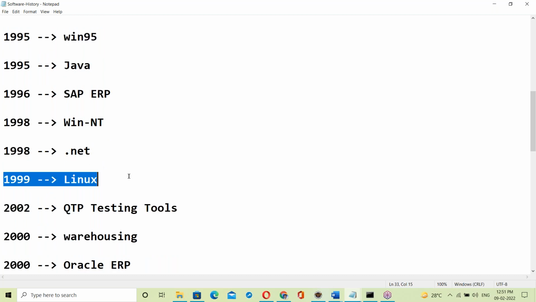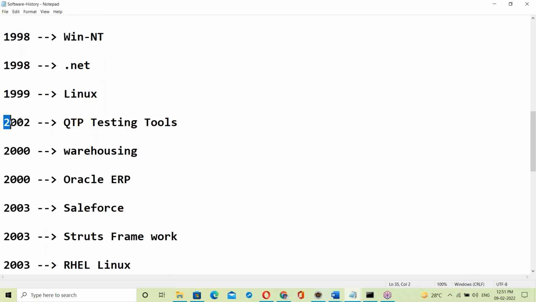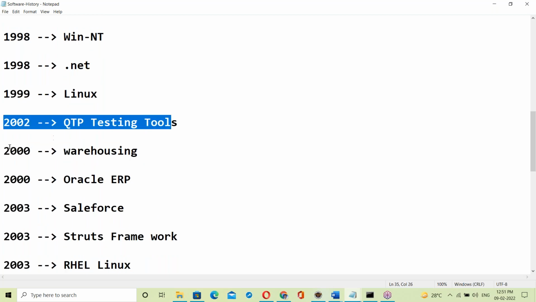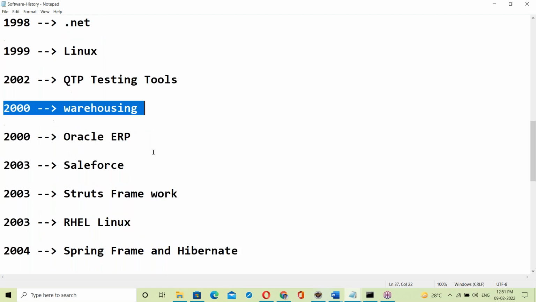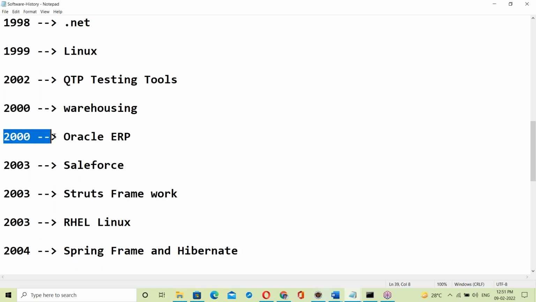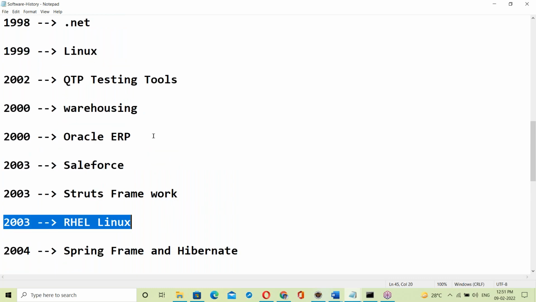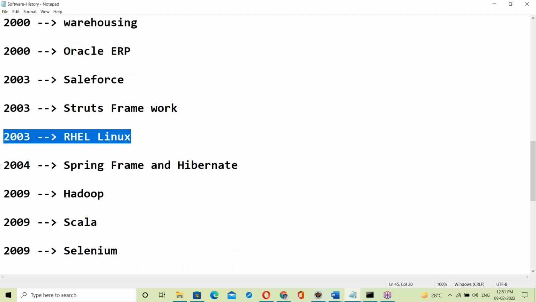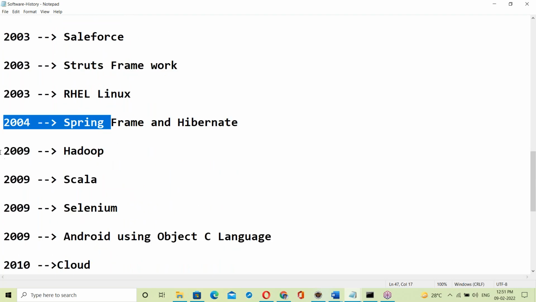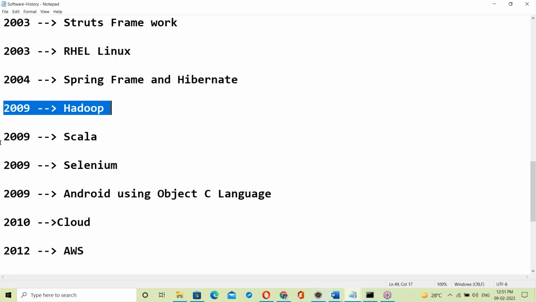Okay, next. 1999 Linux. 2002 QTP testing tools. 2000 data warehousing started. 2000 Oracle ERP. 2003 Salesforce. 2003 Red Hat Linux. 2004 Spring framework. 2009 Hadoop. 2009 Scala.